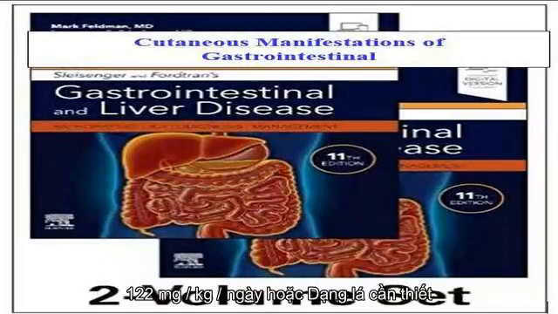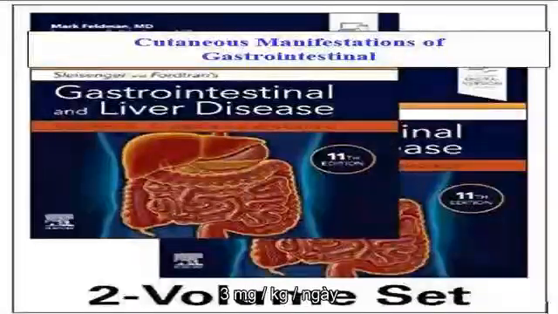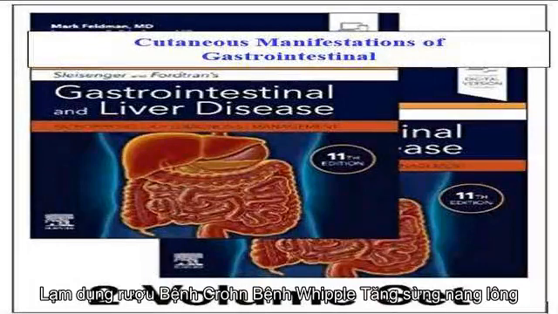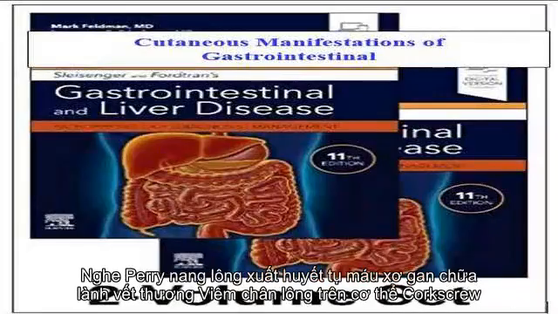Zinc, 1 to 2 mg/kg/day orally for acquired form, 3 mg/kg/day for congenital form, acrodermatitis enteropathica. Biotin, 10 to 40 mg/day orally or intramuscularly.